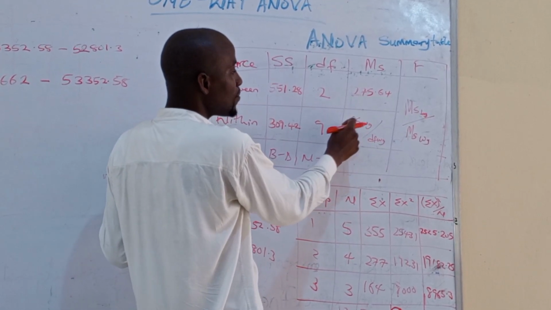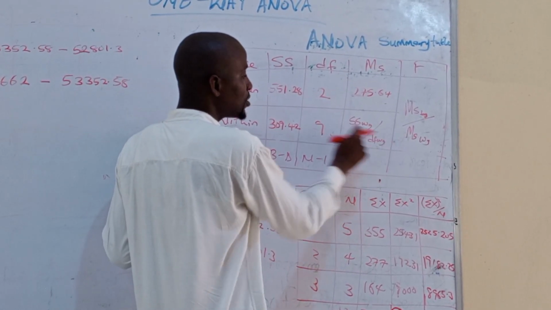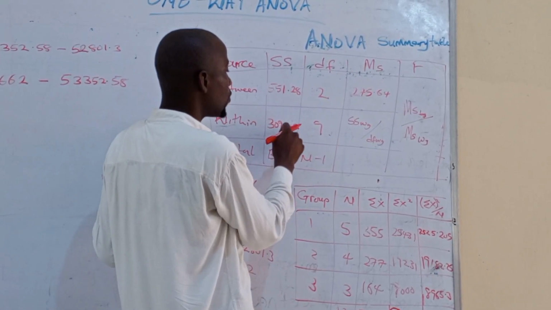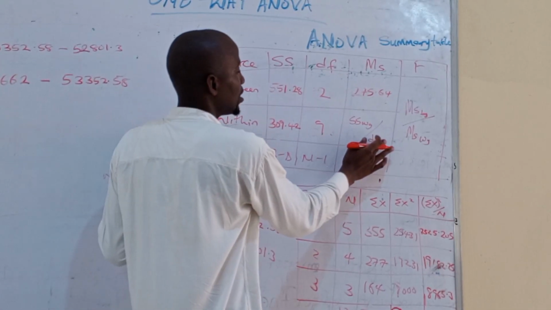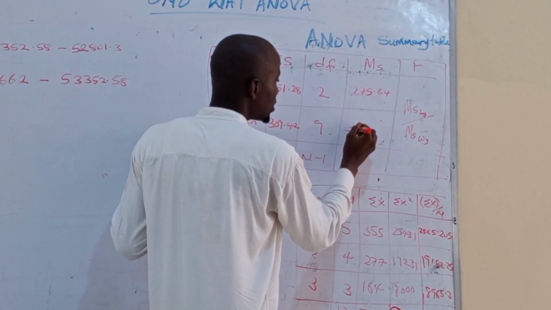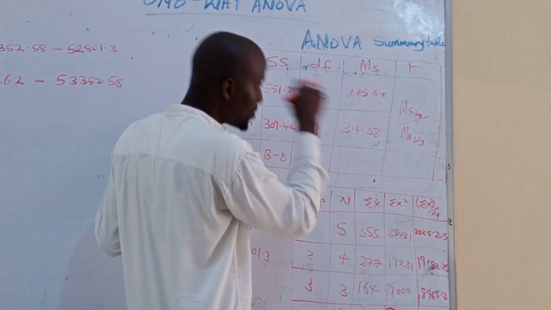So the next one is sum of square within group, divided by degree of freedom within group. So let us do that. 309.42 divided by 9. 34.38. So that's our mean of square.